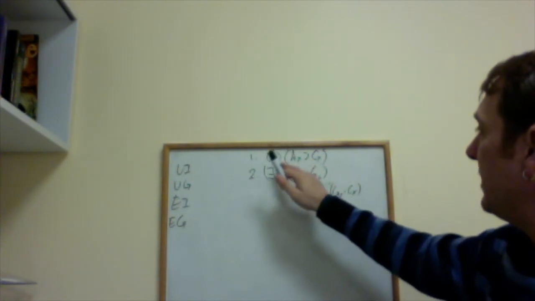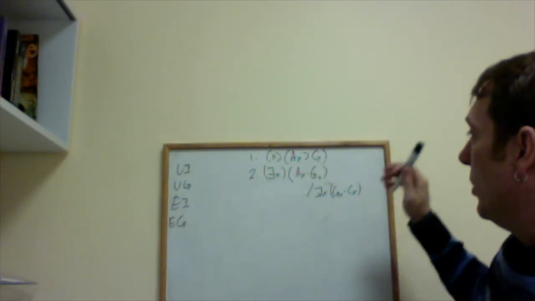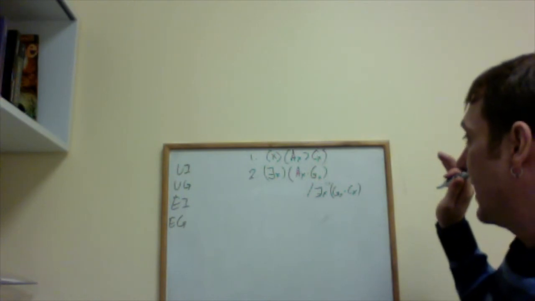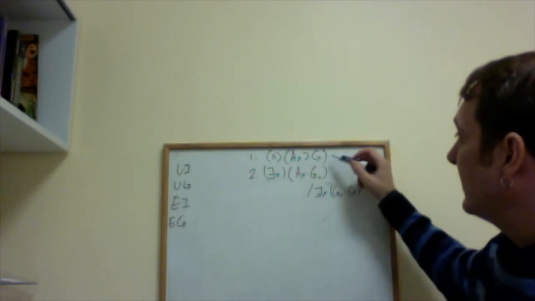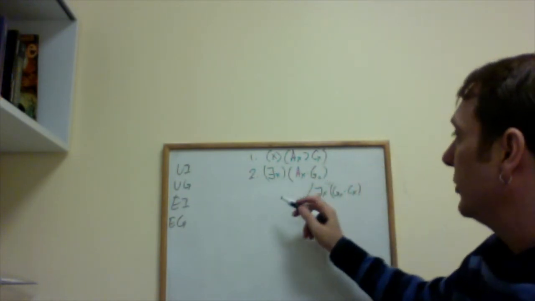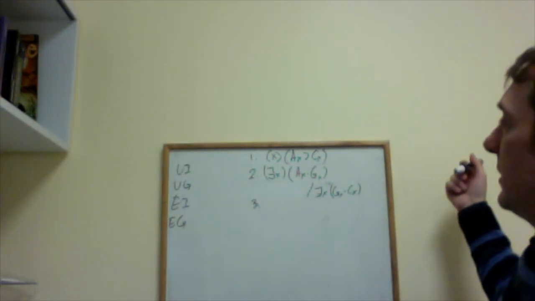Now notice, there's nothing we can do until we get rid of these quantifiers here. So the one thing that we want to keep in mind here, and this will become important in a second, is that sometimes the order that you do things matters. So let's suppose that we just simply wrote down line 3 here. And by the way, you can sort of see what's going to happen here.